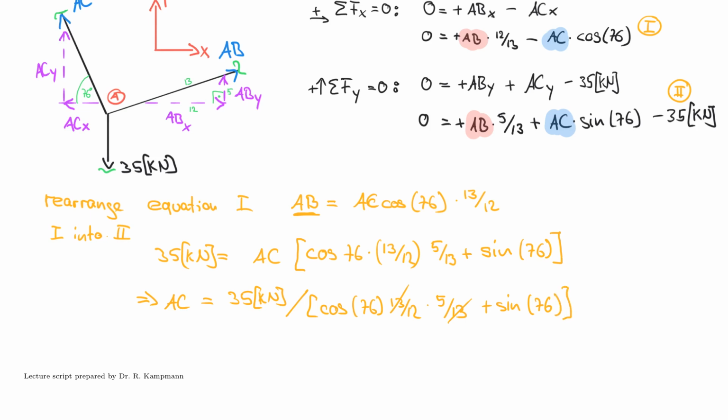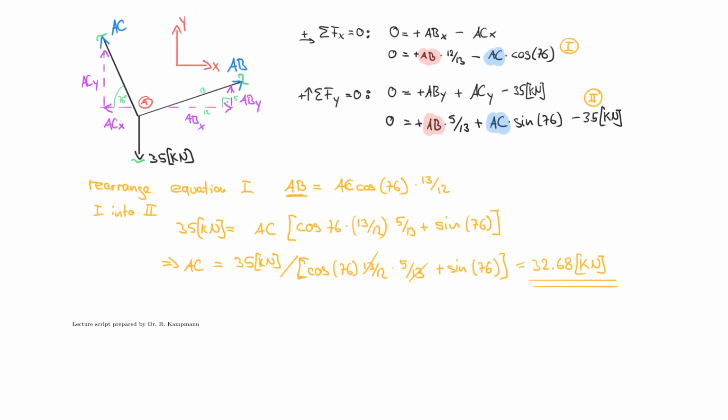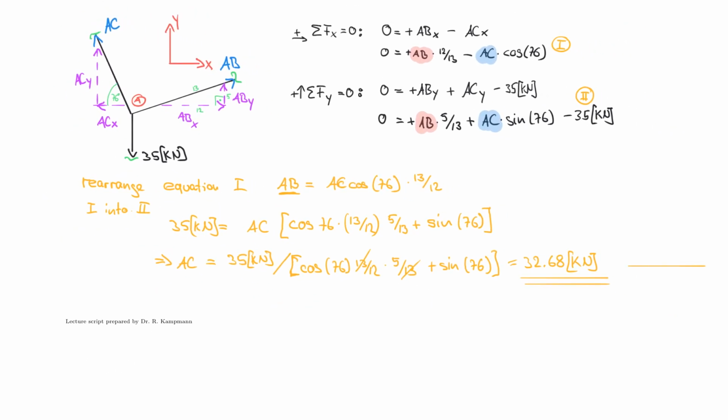And that will give you the final answer, which is nothing else than 32.68. And that of course is in kilonewton, and it is a result, so I better double underline it. And I, of course, also should provide my answer arrow, right?